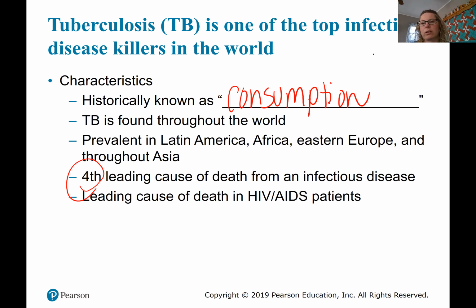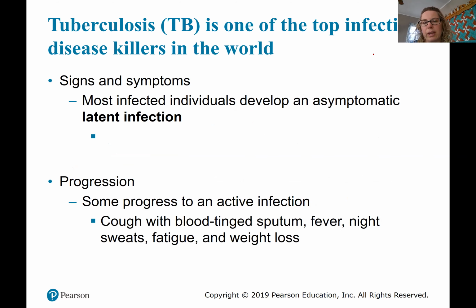Maybe one of the characters in the movie or a book had consumption. That's what they used to call tuberculosis. It's prevalent in some areas of the world, not super prevalent in the US, but it is also the leading cause of death for people with HIV/AIDS.